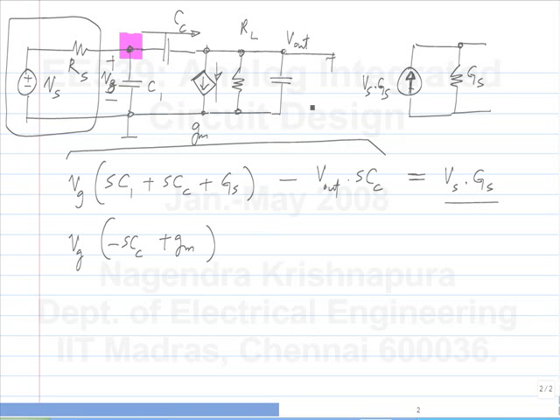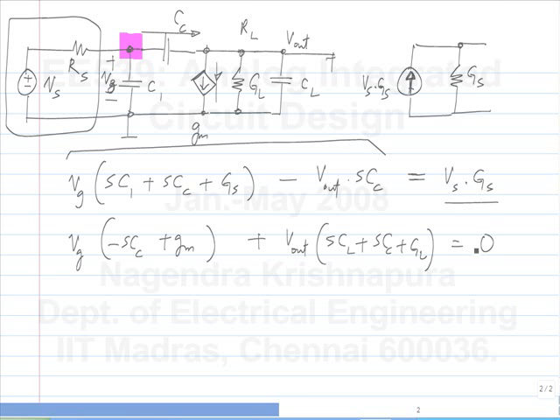And the current out of Vout, what do you get? This is sCL plus sCc plus GL. And what's the right hand side? Huh? 0. There is no independent source connecting here.